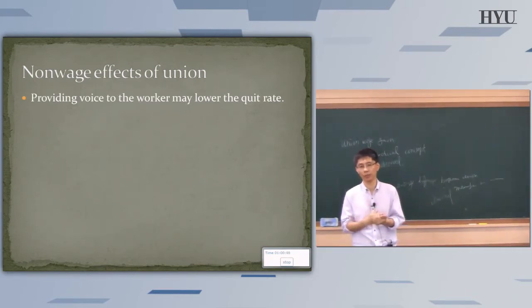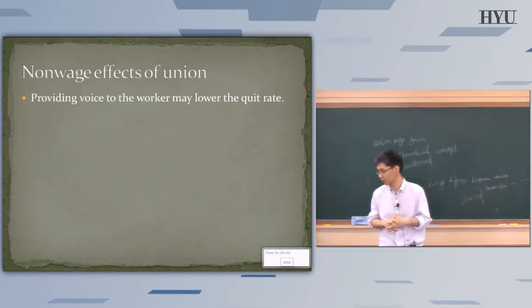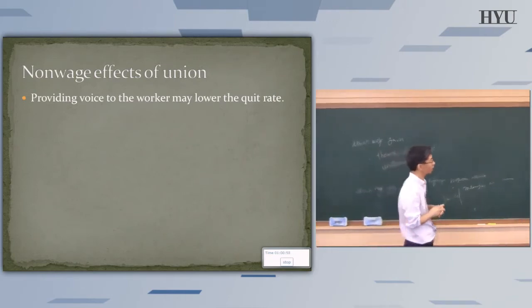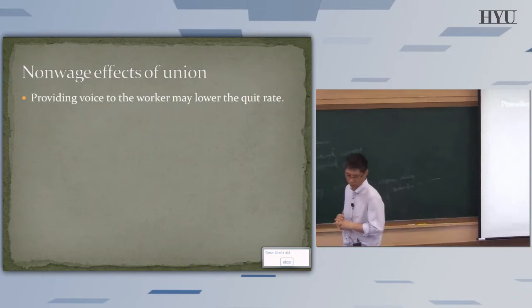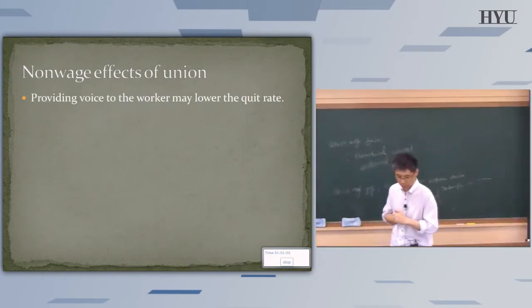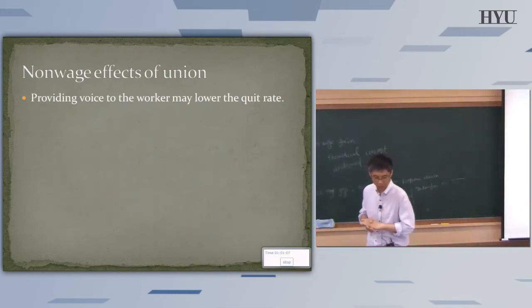So union members are generally less likely to quit than non-union members. That's actually an observed fact. Union members do not quit much compared to non-union members. So the reason could be that they have a voice.